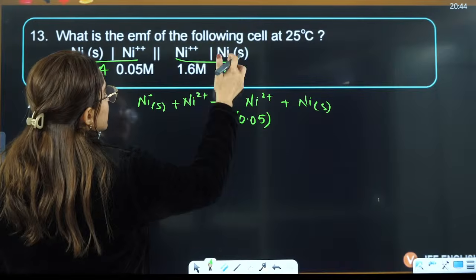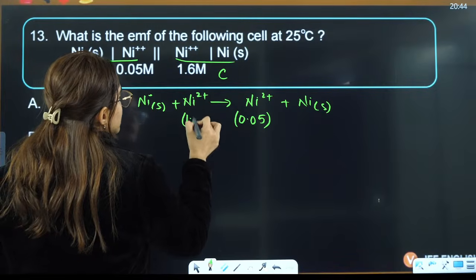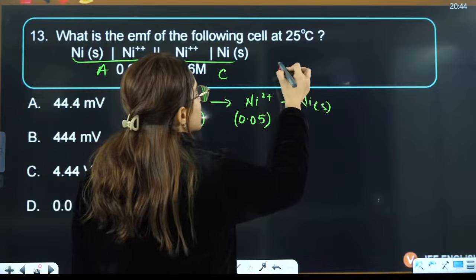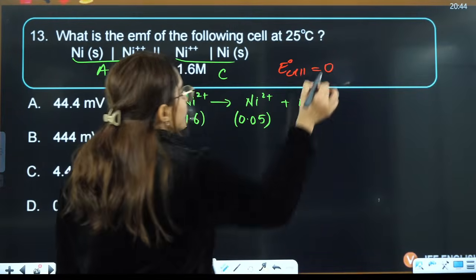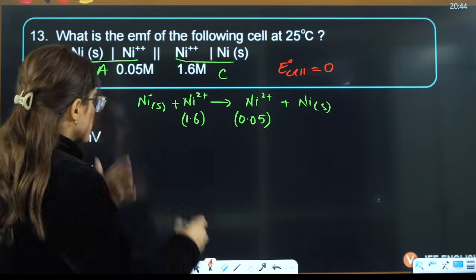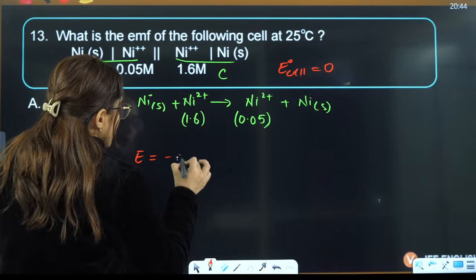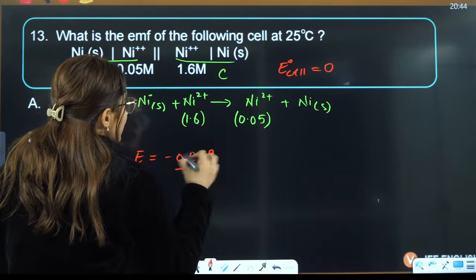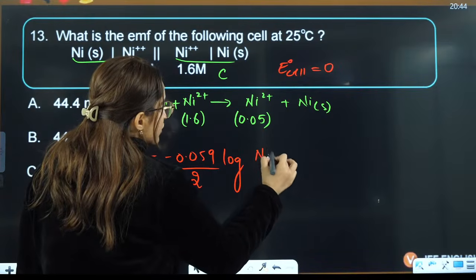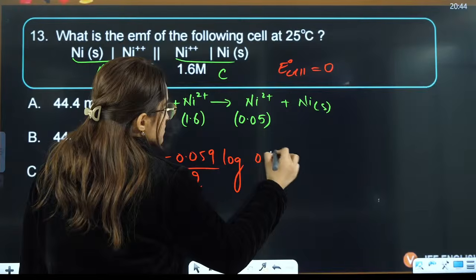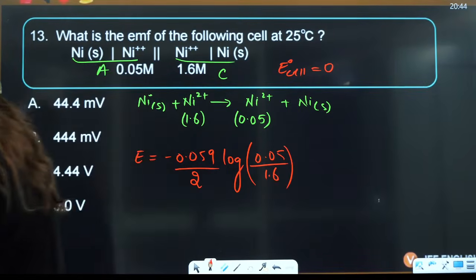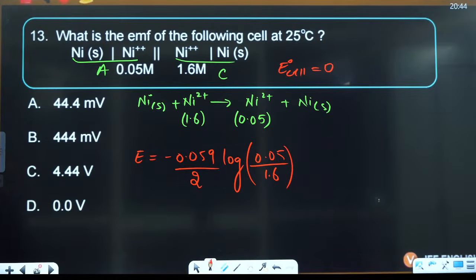When this nickel is converted to this, the value is 1.6. It's a concentration cell, so E0 cell is going to be 0, because the product and reactant ions are both the same. So EMF equals minus 0.059 divided by 2 electrons, log of product by reactant. Product is 0.05, reactant is 1.6, and that's how you will solve your answer here.